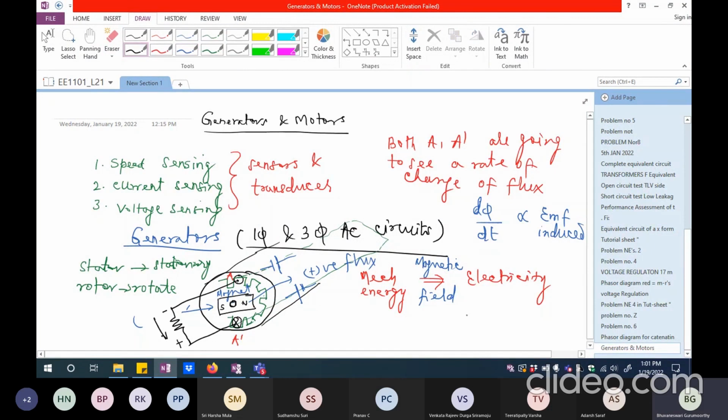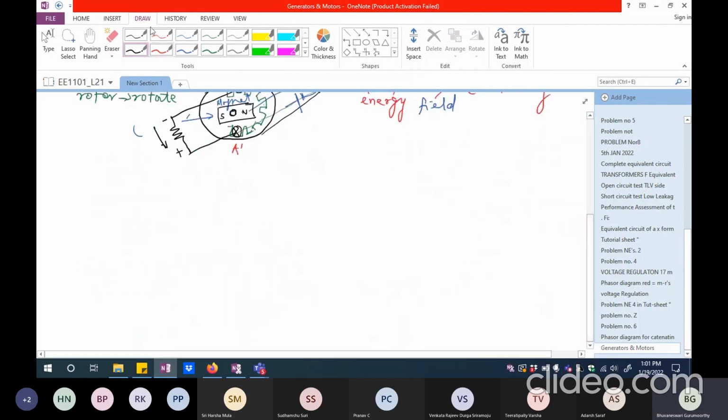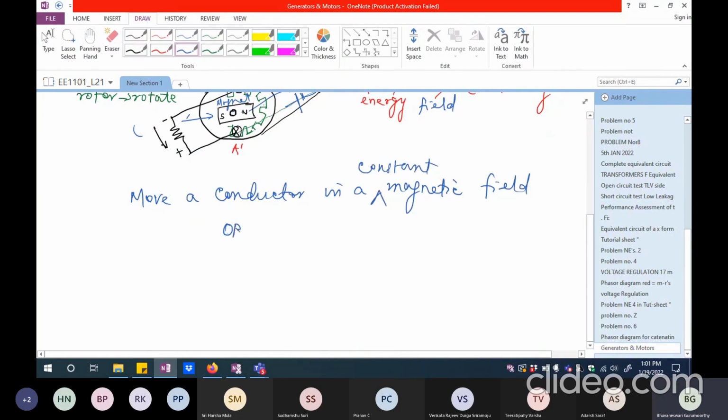So the basic principle of operation of a generator in general is that we are going to move a conductor in a magnetic field. The magnetic field can be a constant magnetic field, or the other way around is to move a magnet in the vicinity of a stationary conductor.